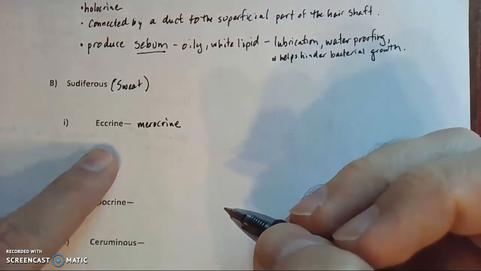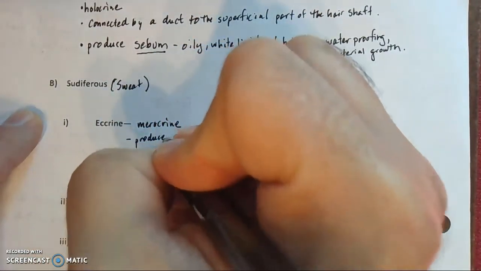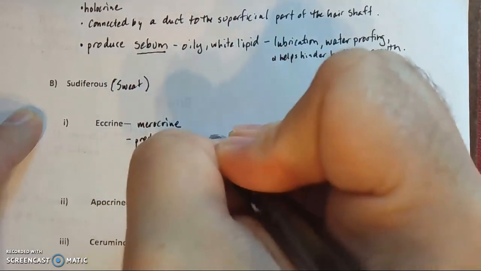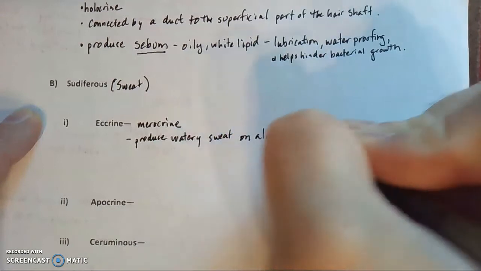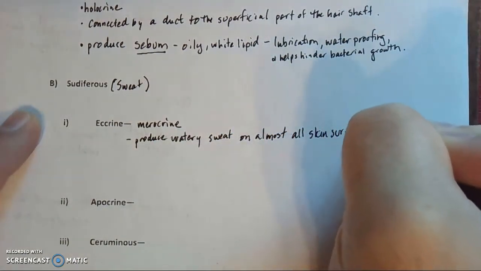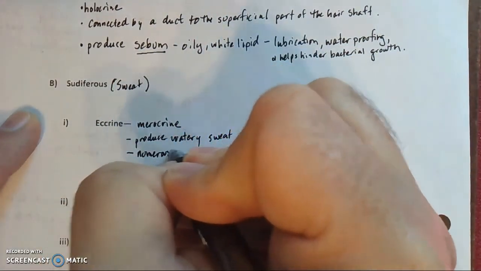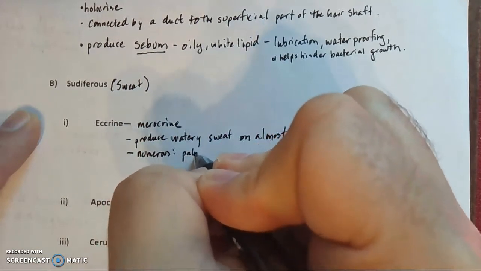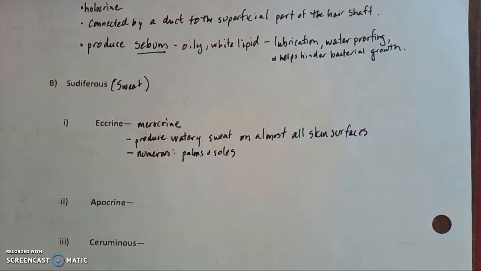Eccrine glands produce watery sweat on almost all skin surfaces. Most numerous on the palms and soles. So people get very sweaty hands and sweaty feet because we have a lot more of these eccrine sweat glands.